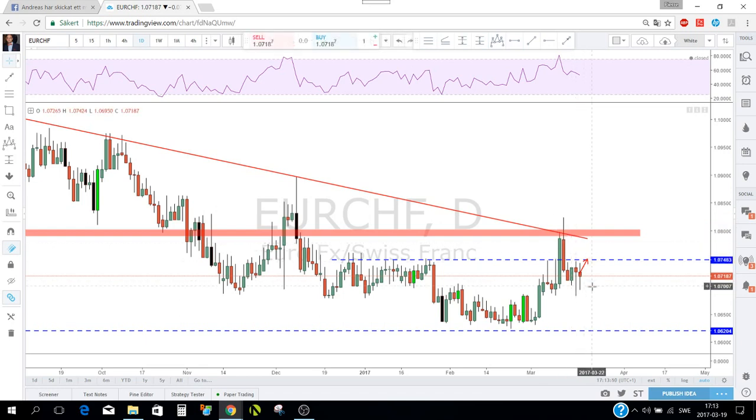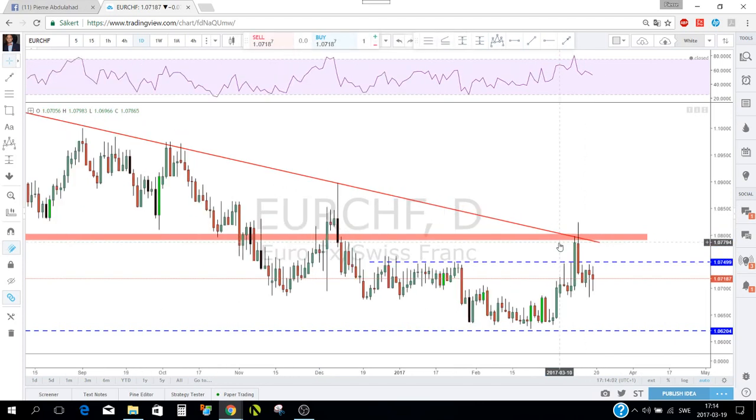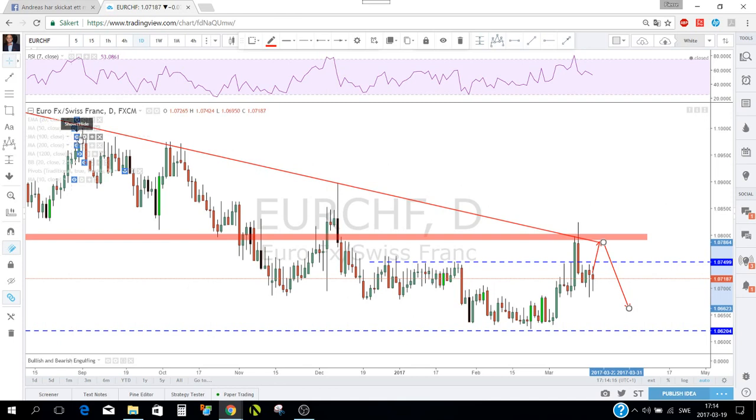So you have to go down to a lower time frame and see how it will react at this level here, and maybe try to trade it to the downside. But the best level should of course be if it makes it back up to this area and to this structure on the trend line, to try to short it from up there.